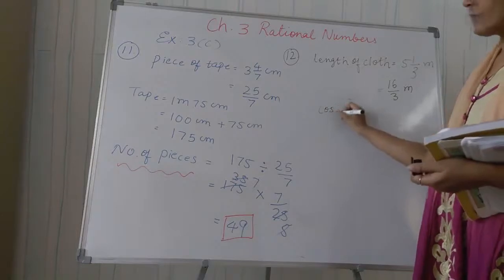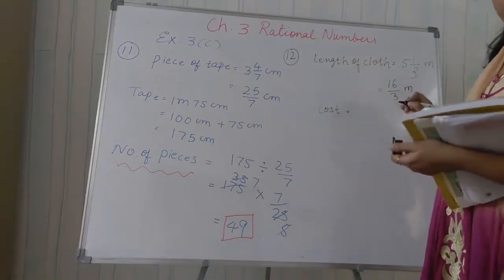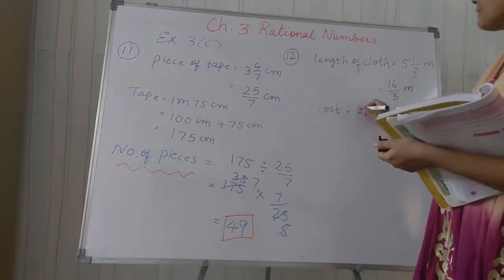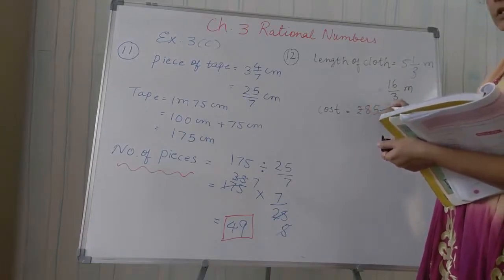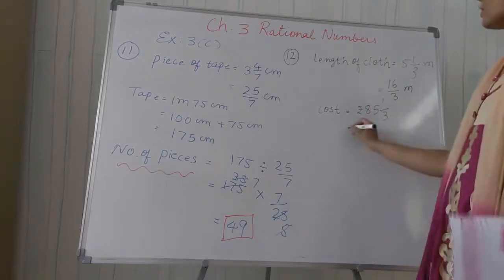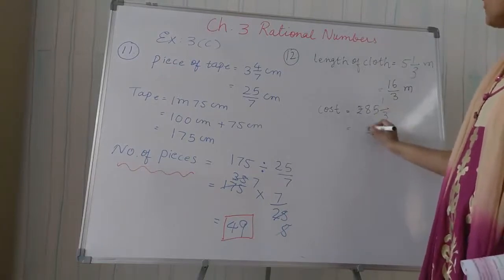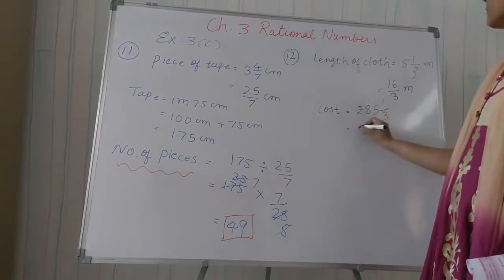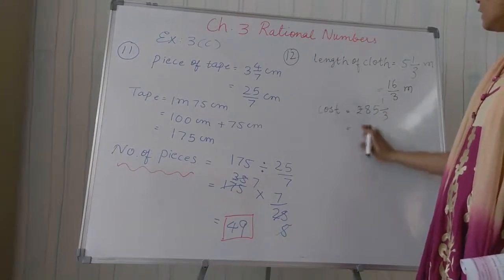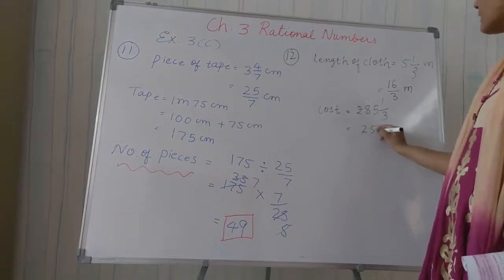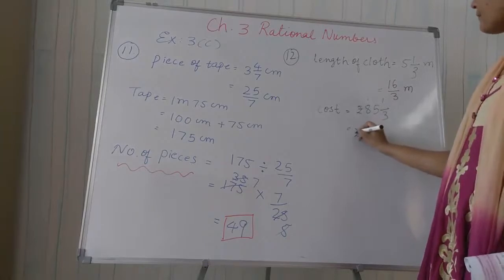Cost is given as rupees 85 integer 1 by 3. So again convert it into improper. So 85 integer 1 by 3 becomes 256 by 3 rupees. Okay.